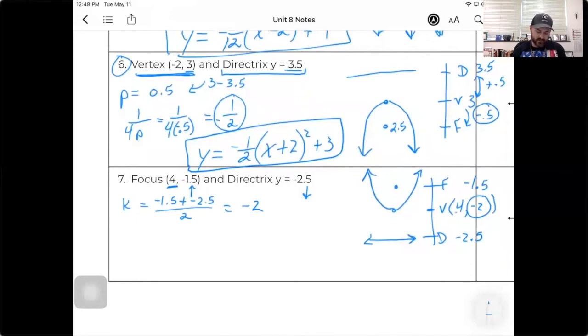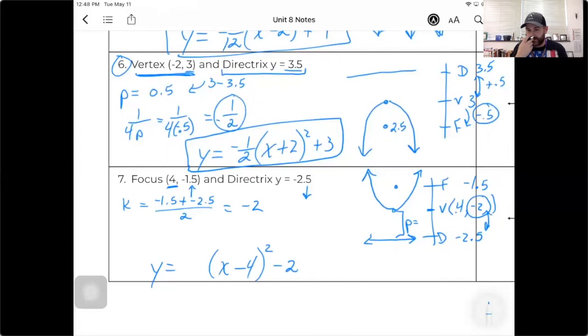So I already know part of my formula. y equals some a value, parentheses, x minus 4, because h lies, squared, minus 2, because k tells the truth. K is -2. So I've got to find the a value still. Well, this distance between the directrix and vertex is a positive p-value this time, and it's the difference between these two numbers, -2 and -2.5.